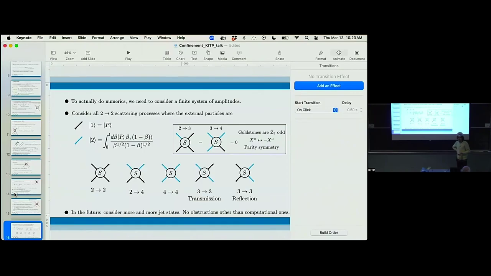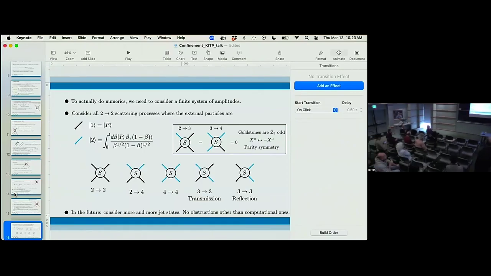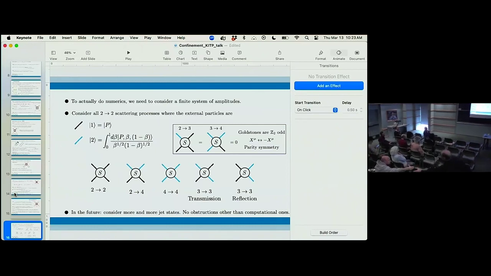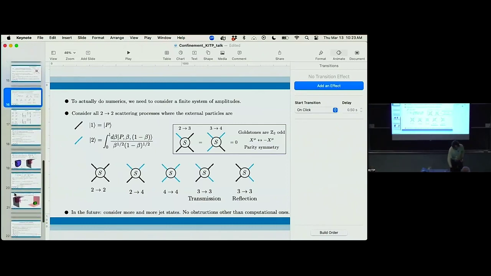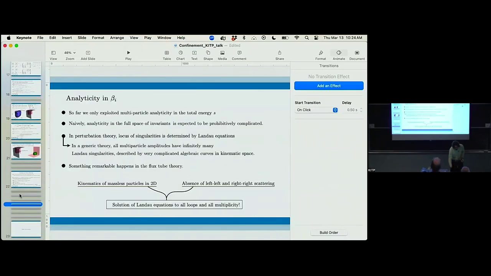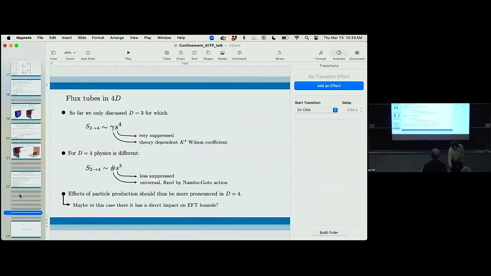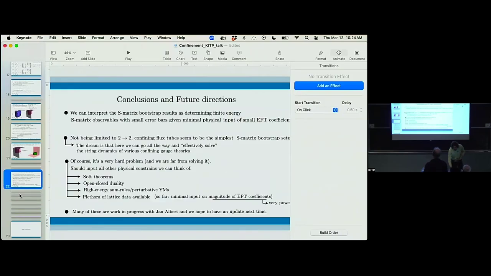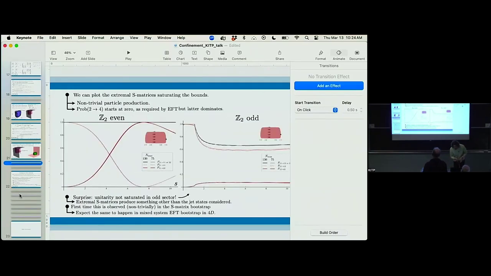Maybe you said it. Do you see any pattern of resonances inside the region? No resonances. At the boundary of the space of allowed amplitudes, we see very intricate structure. So this is the kind of profile of the amplitudes at the boundary, for example, when particle production is maximally large.